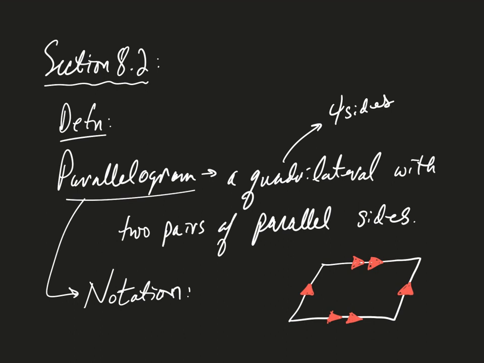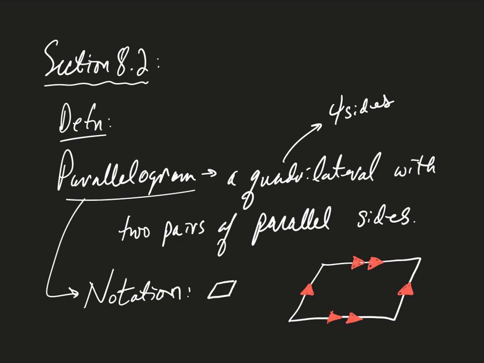All right, so of course that would force the opposite sides then to be parallel to each other. As you see in the diagram, remember the red arrows remind us that two lines are parallel to each other. So we have one set of parallel lines, another set of parallel lines, so two pairs of parallel lines. And there's some notation that goes along with parallelograms so that we don't have to write out the word repeatedly.